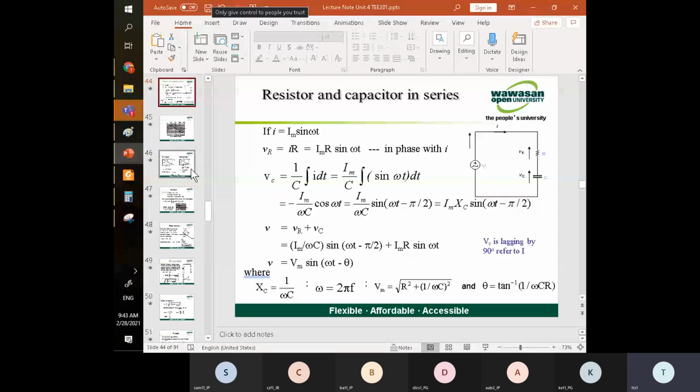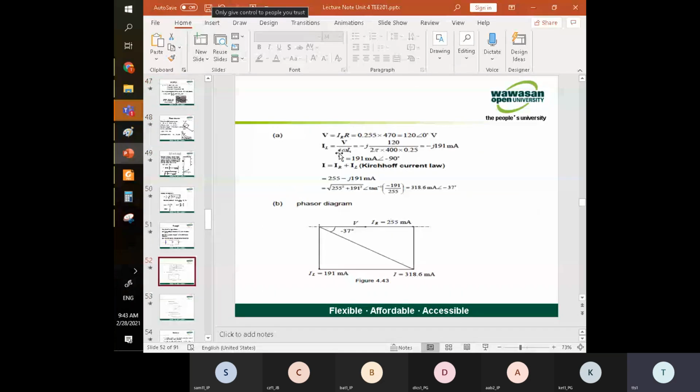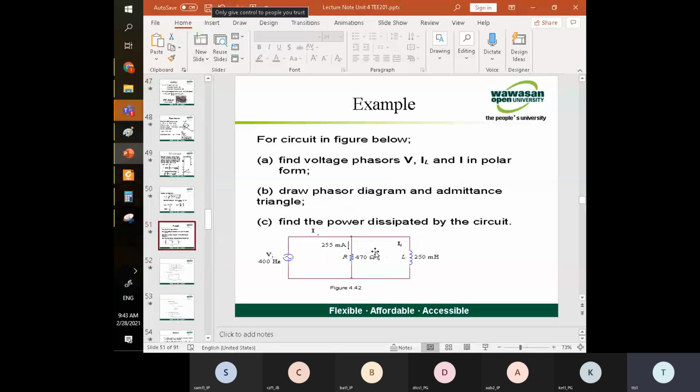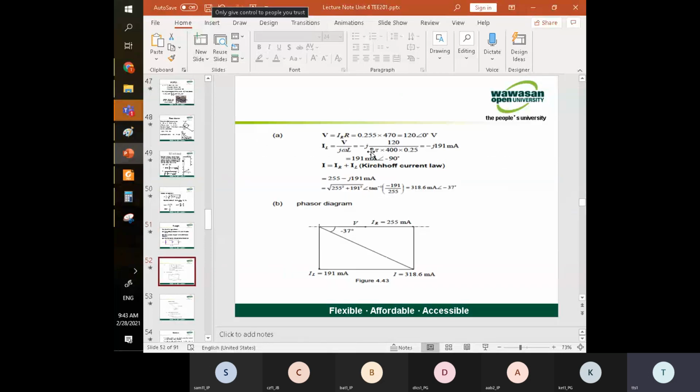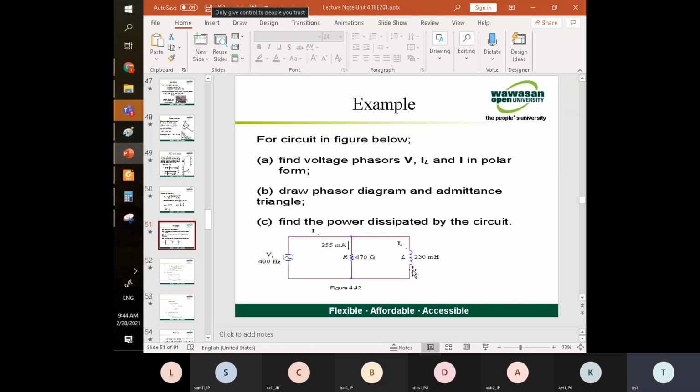So by doing this, V over J omega L, with 2 pi times the frequency, which is given as 400 hertz here, and this is the L value, 0.25 Henry. 250 milli Henry is 0.25 Henry, right?